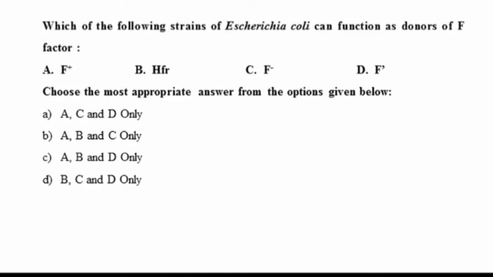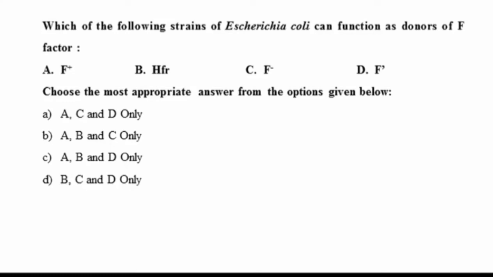Therefore, such strains with an integrated F factor are termed as high frequency of recombination, or the HFR strains, to distinguish them from the normal F positive strain, which contain only a few rare HFR cells and thus display only low frequency of recombination for the strain as a whole.